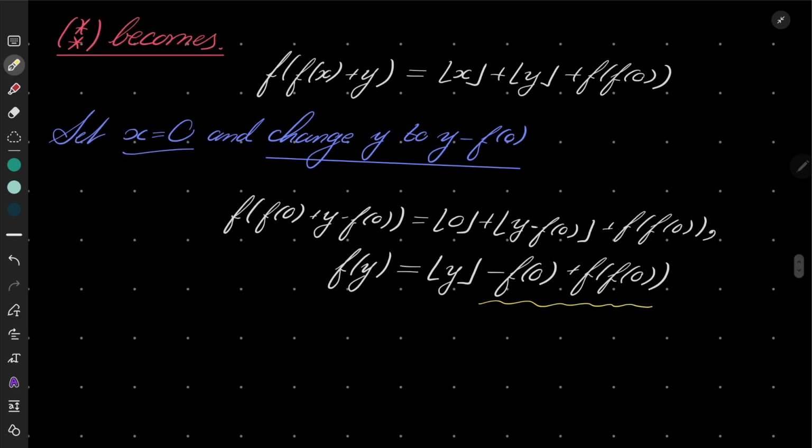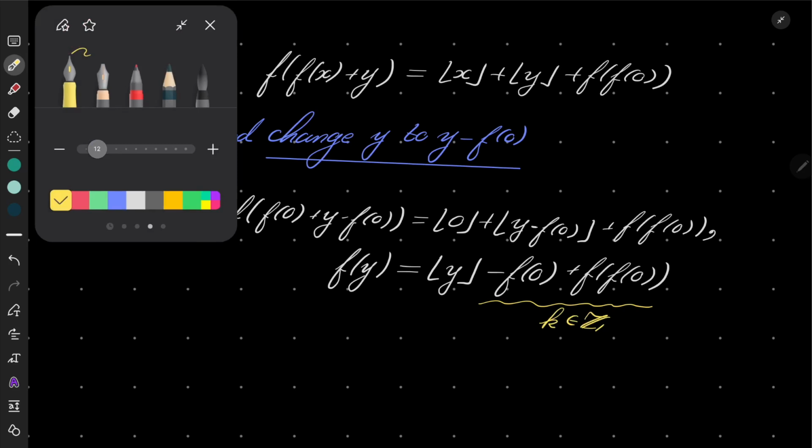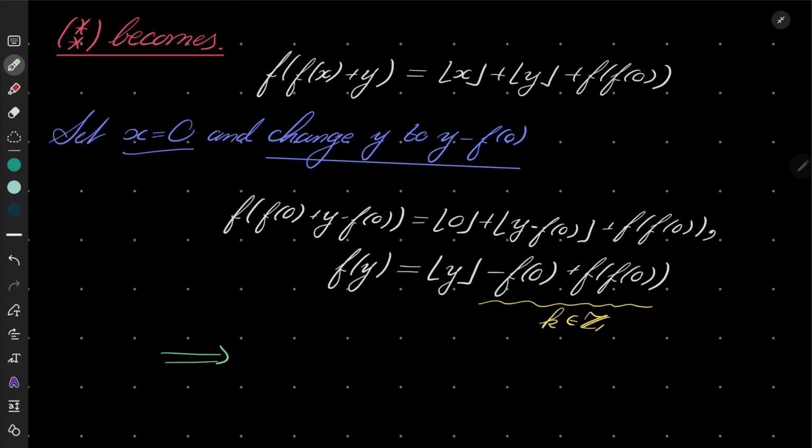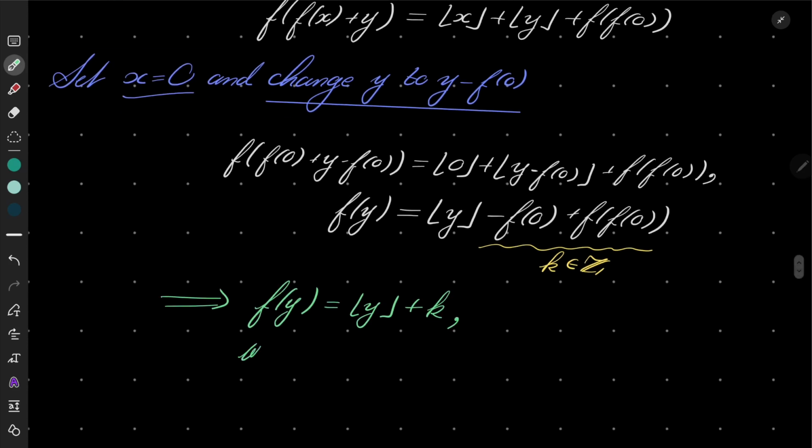So we can call it some constant k, which is an integer. And that means that f of y equals floor of y plus k, where k, which is an integer, is some constant.